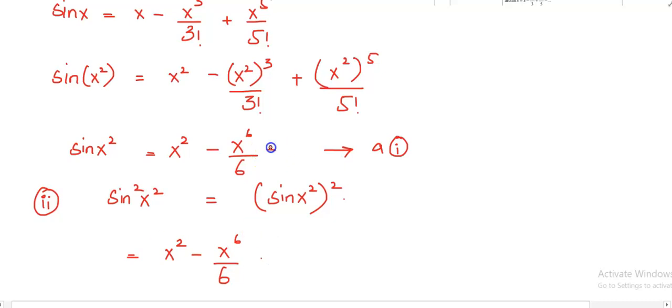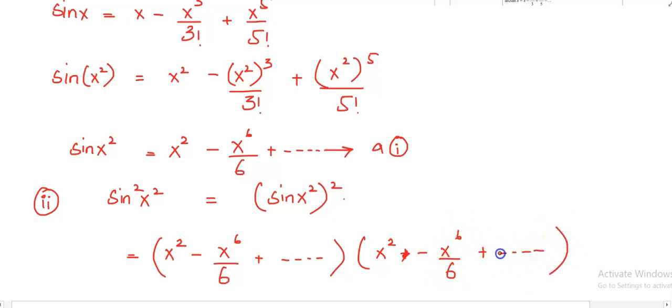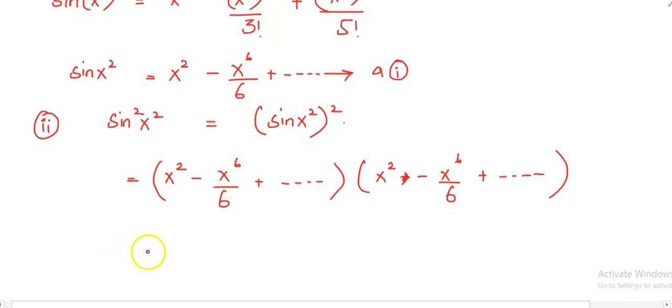By the way, if this question comes in an exam, I would advise you to write dot dot dot so that they understand that this sequence is just an expansion. Similarly, I'll multiply that with x squared minus x to the power of 6 divided by 6, and then dot dot dot. So now when I multiply these two, I end up getting x squared times x squared, so that is going to be the first term.